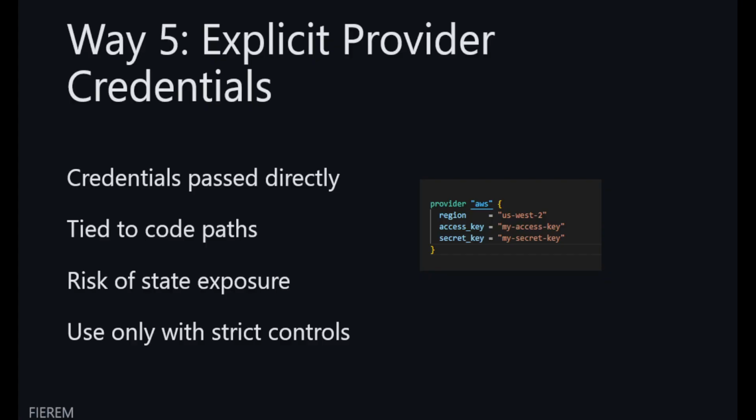Way 5 is explicit credentials in the provider configuration. This is when you pass credential values directly into the provider block, often through variables. Technically, it works. Operationally, it is risky, because now the identity is tied to code paths and variable plumbing. And here's the subtle danger most people miss.